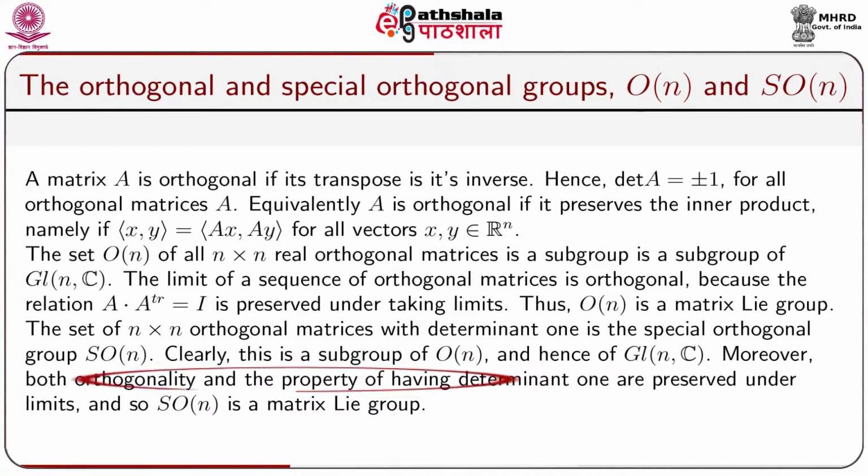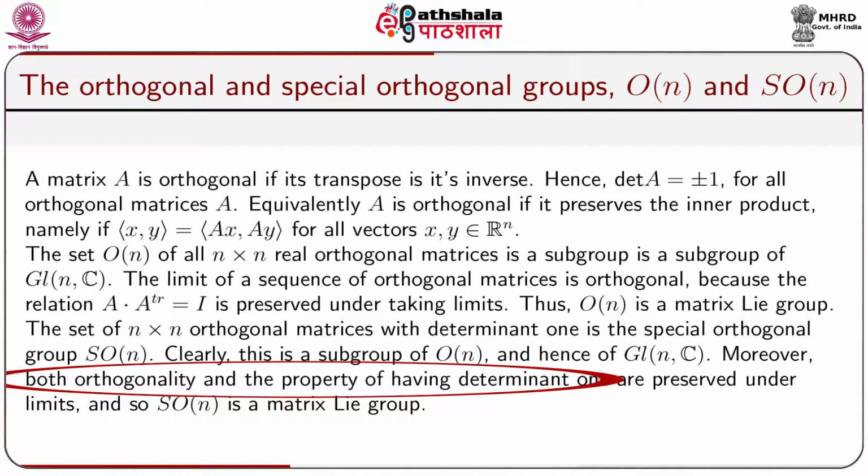Moreover, both orthogonality and the property of having determinant 1 are preserved under limits. So, again SO(n) is a closed subgroup of GL(n, C) and hence SO(n) is a matrix Lie group. Since elements of O(n) already have determinant plus or minus 1, SO(n) is considered as half of O(n).